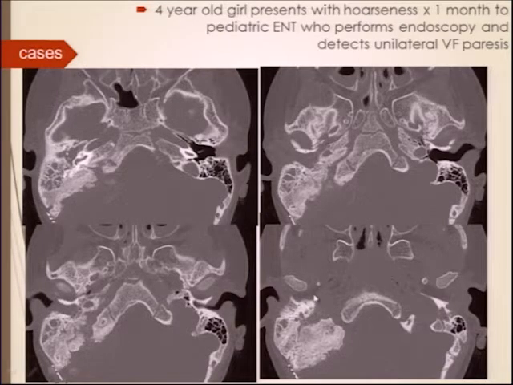So this 4-year-old girl presented with hoarseness for 1 month. She had an ENT evaluation, right vocal fold paresis, and you can see she has this really hyperostotic appearance of the petrous temporal bone that starts all the way anteriorly, involves the petrosal fossula going into the pars nervosa. There's hyperostosis along the whole cisternal segment of the petrous bone all the way back into the jugular foramen.